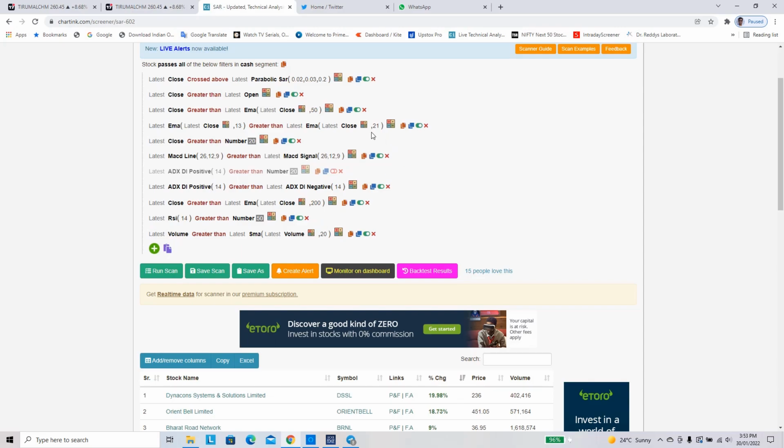And once this stock starts running, the next day itself you will see that the volumes are increasing and MACD also might have given the buy signal. So now let's disable this and run it.